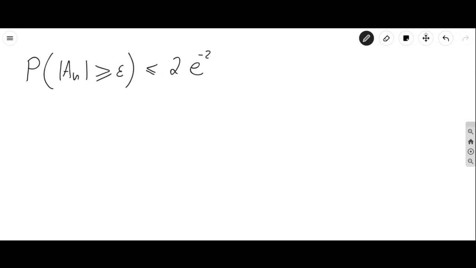Now I know I mentioned 2n epsilon squared, and I said this is what happens, going off memory, when the coin tosses are represented with 0 and 1, and then it's a minus a half. But in what we're doing, this is rather going to be minus n epsilon squared, and everything gets divided by 2.